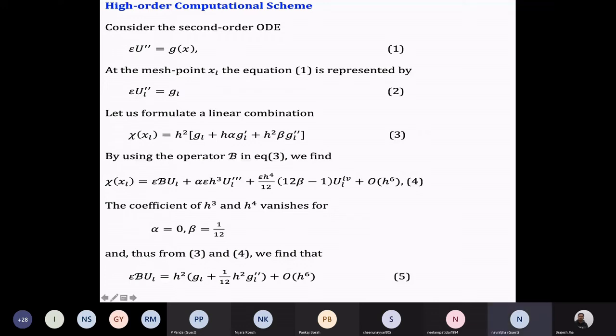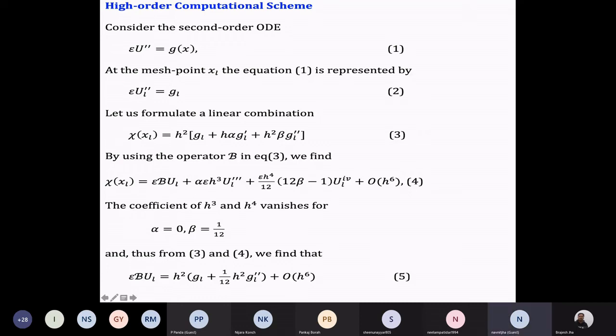To begin with, I will take a simple linear equation, epsilon u double derivative equal to g, and formulate a linear combination. Of course, at the point xl, this equation is written as this: ul double derivative equal to gl. Let us consider a linear combination.